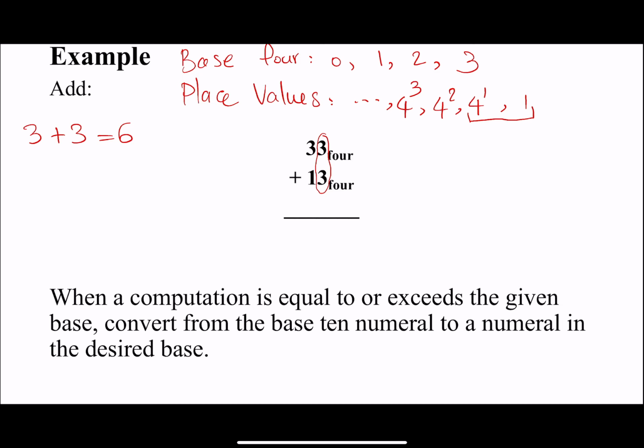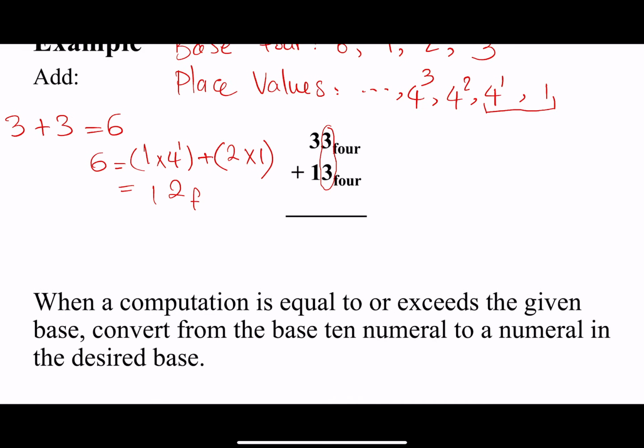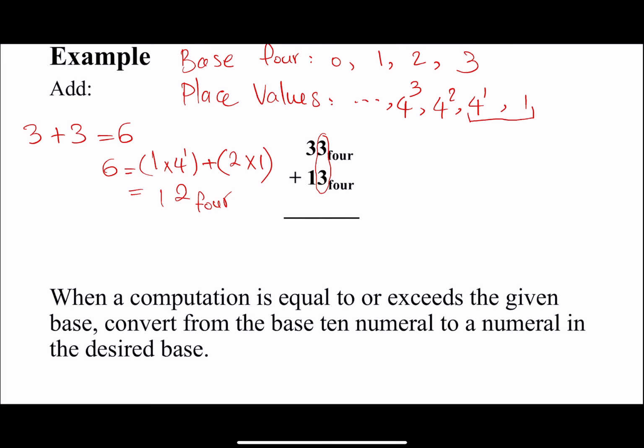I should see how many groups of 4 and how many groups of 1 build up 6. 2 times 4 is 8, which is bigger than 6, so it's one group of 4. 1 times 4 is 4. How many more do I need to build up 6? 2. So 2 groups of 1. So 6 is 12 base 4.